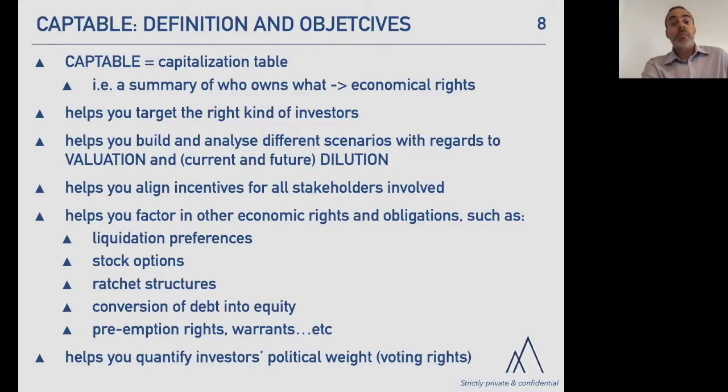Retroactively, it will look as if he entered not with 30%, but maybe with 27% or 25%, right? So you are improving your position as a founder.